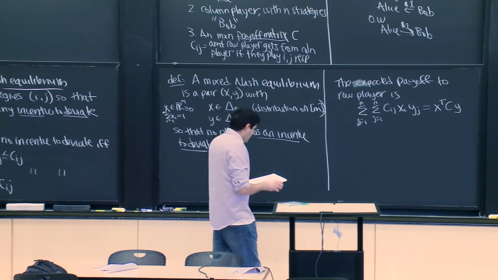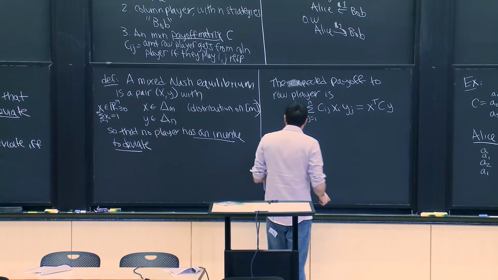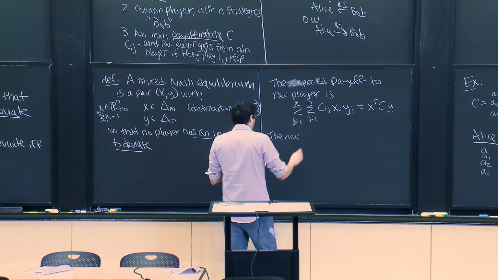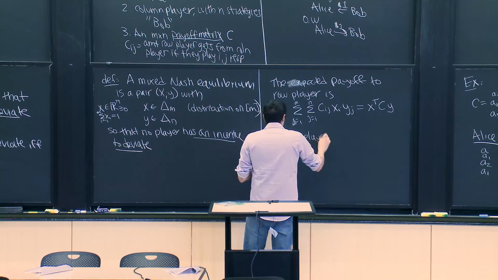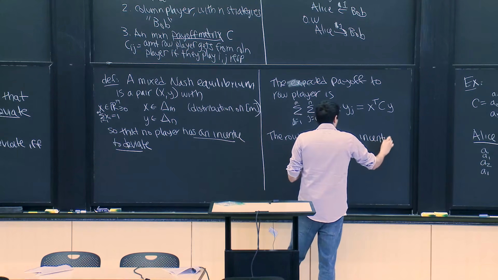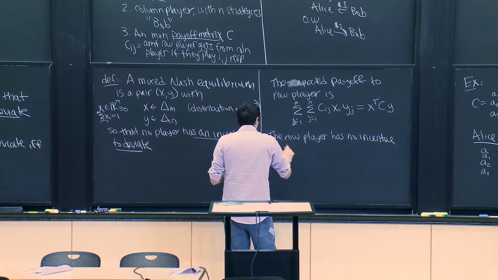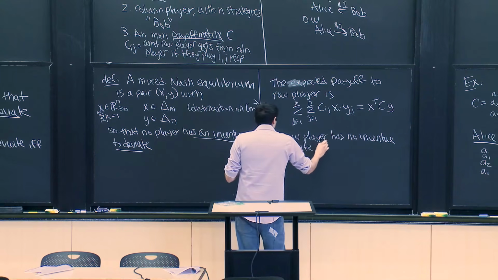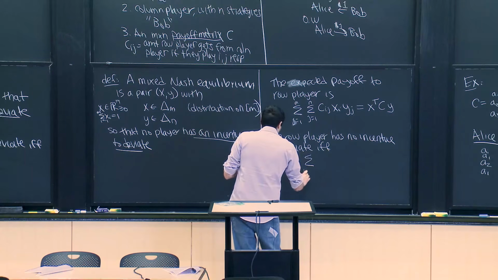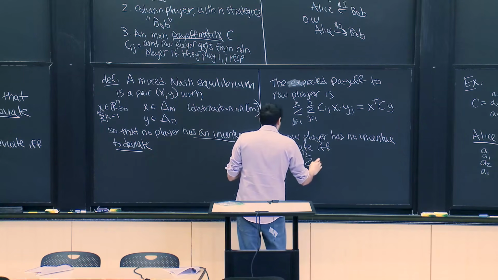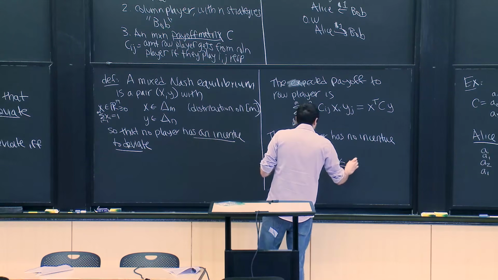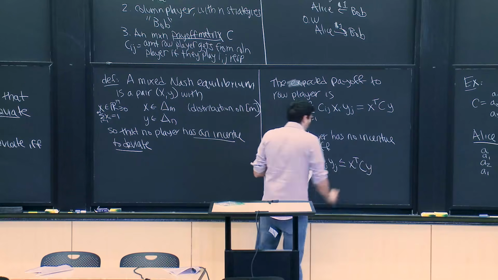But now we can talk about what it means for the row player to have no incentive to deviate, right? So in this case, when the row player is playing a randomized strategy, what I claim is that the row player has no incentive to deviate if and only if, for all i prime, the sum from j equals 1 to n of Ci'j yj is at most x transpose C y.